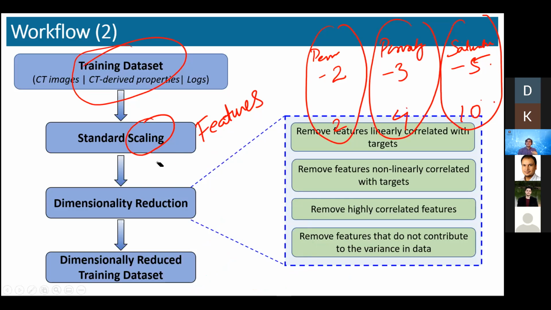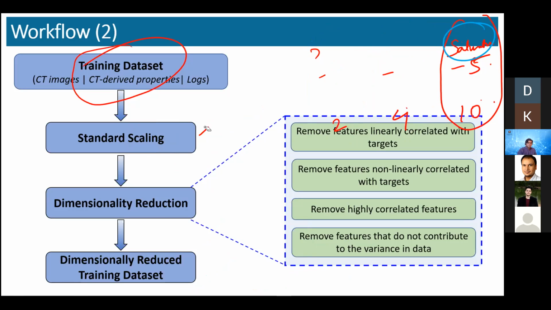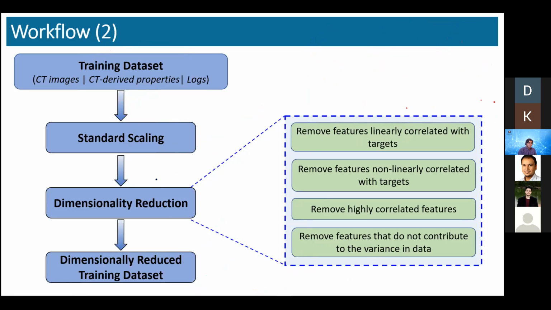What I have performed here is scaling. Once you scale your features, this is no more permeability, porosity, and saturation. These are scaled permeability, scaled porosity, and scaled saturation. So scaling is what was done first. After the scaling, we reduced the dimensionality.